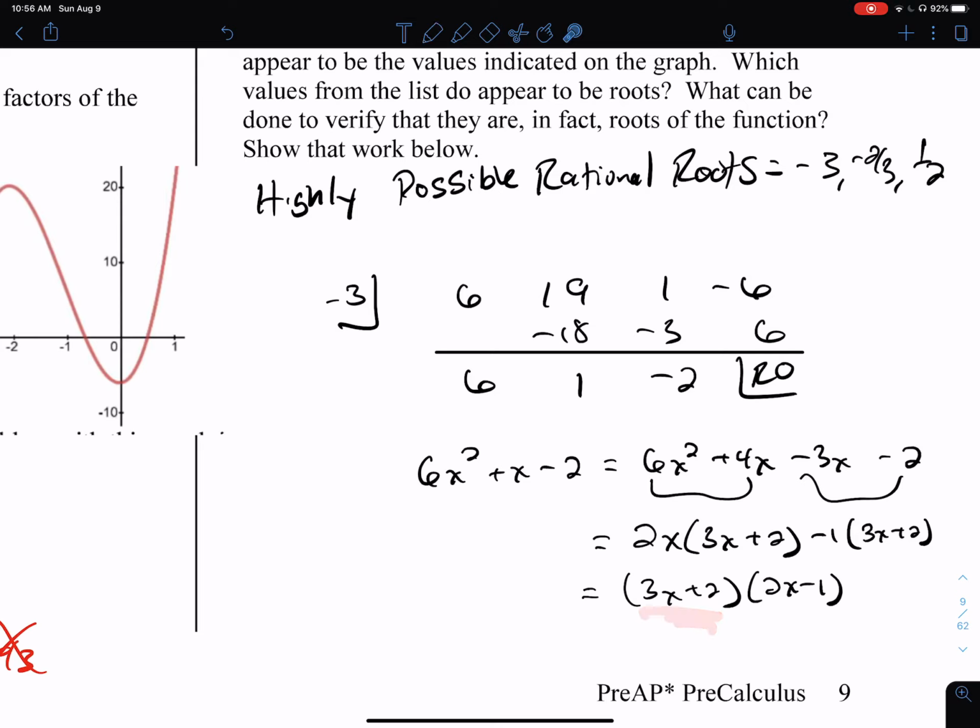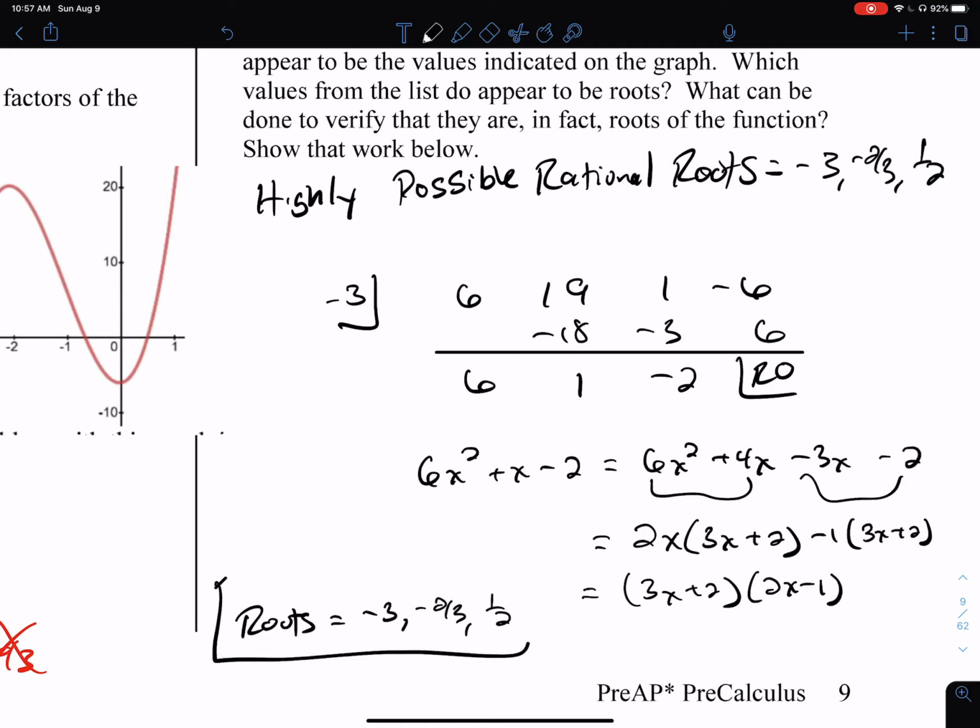This root would be a -2/3. Boom. This root would be a positive 1/2. Boom. So the roots for this, we know for certain now, are -3, -2/3, and positive 1/2.